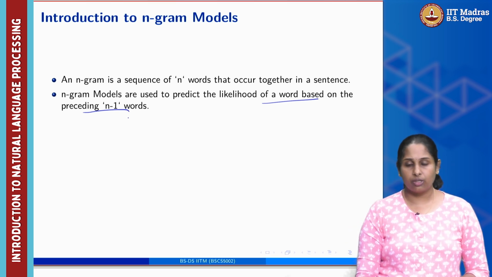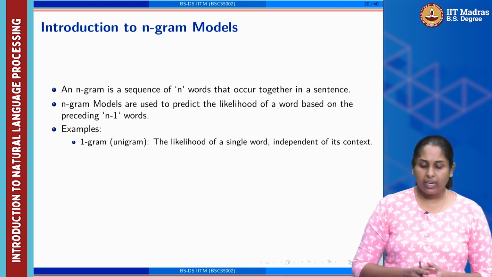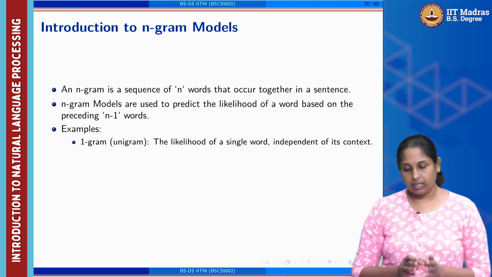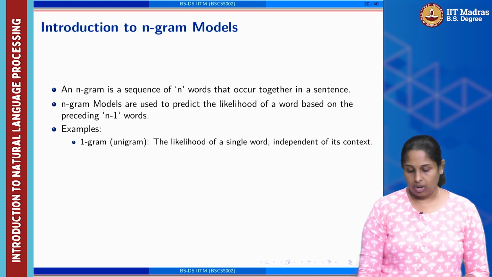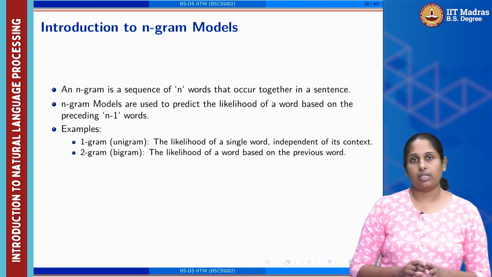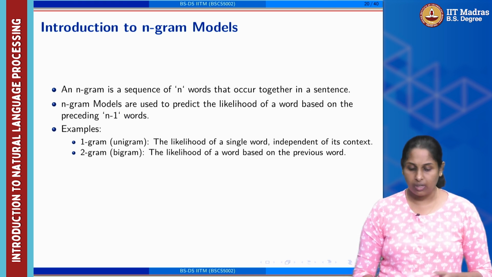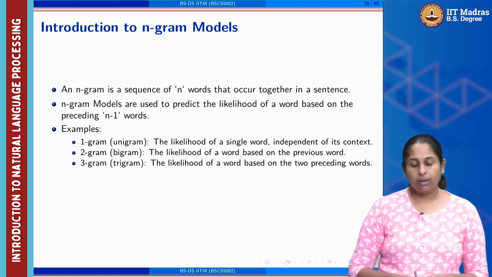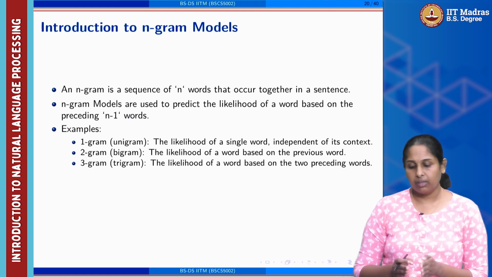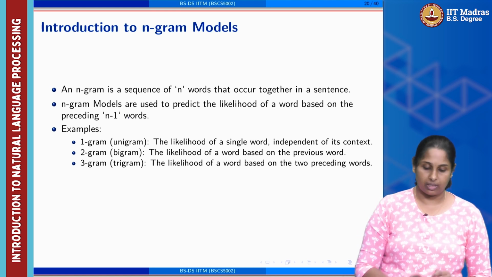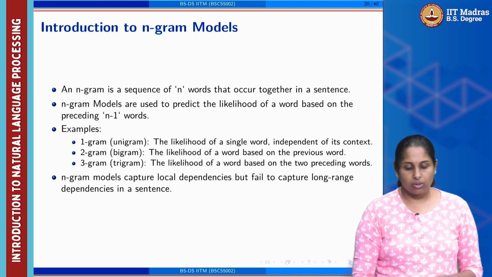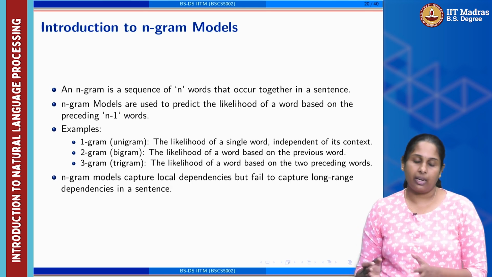Now, let us take an example. A 1-gram, or unigram, is nothing but the likelihood of a single word independent of its context. A 2-gram is a bigram, the likelihood of a word based on the previous word. And a 3-gram is the likelihood of a word based on the preceding 2 words. This is called a trigram. Similarly, it can go for any number of grams.